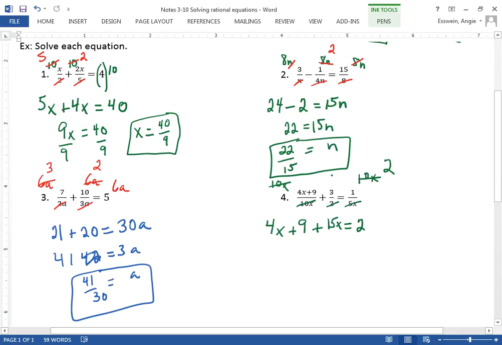We had a 10x here, and we multiplied this by 10x, and the 2 goes into 10x 5 times. So we get 15x. So you get 19x plus 9 equals 2. 19x equals -7. Or x equals -7 over 19.